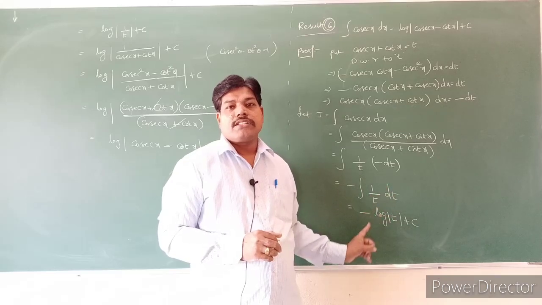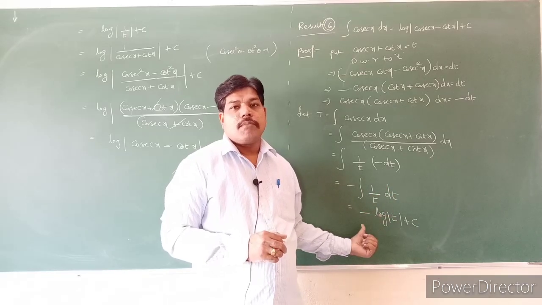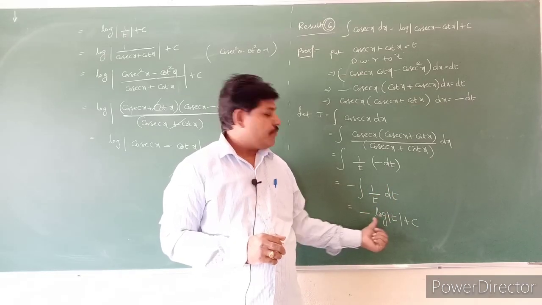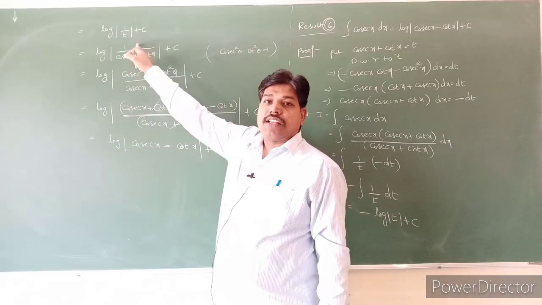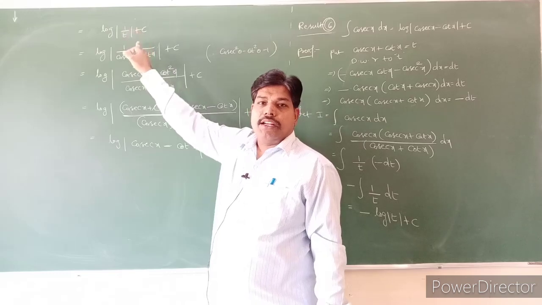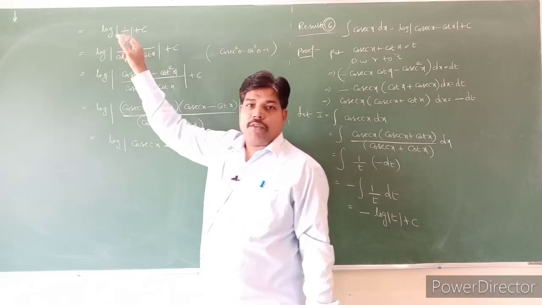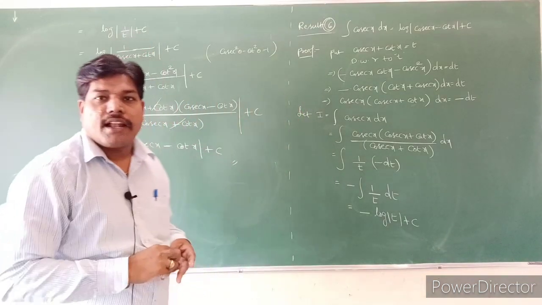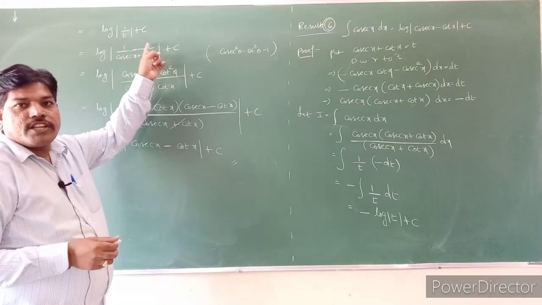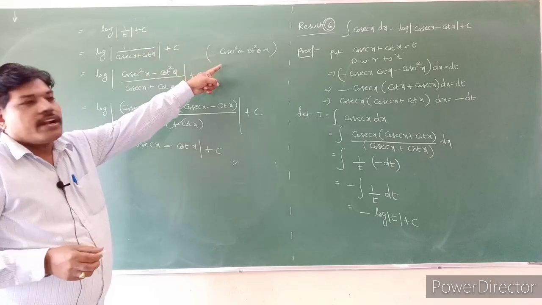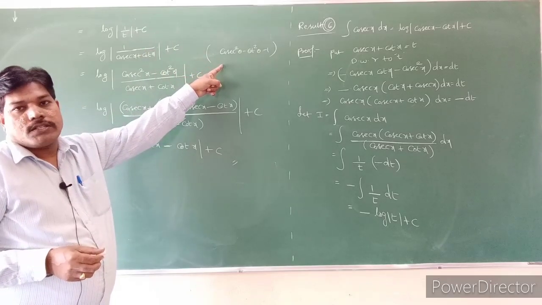So the integral of 1 by t is log of mod t. Already minus is there. If you take the minus, it becomes t power minus 1, so you can write log of mod 1 by t. What is the t value? T is nothing but cosecant x plus cot x. In the numerator, 1 can be written as cosecant square theta minus cot square theta.